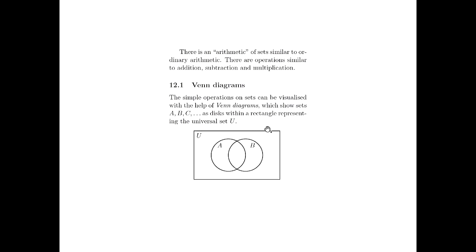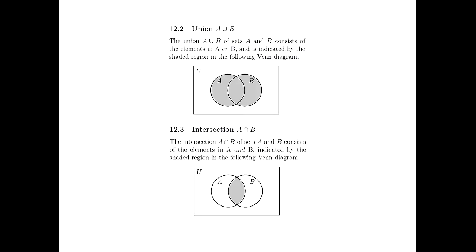The idea, of course, is we have some universal set U, some set of things we're interested in, so maybe it's all the integers, for example. We imagine them scattered around in this big rectangle that represents U, and then we have circles within that rectangle that represent various subsets of U. So A might, for example, represent all the positive integers or all the prime integers or something like that.